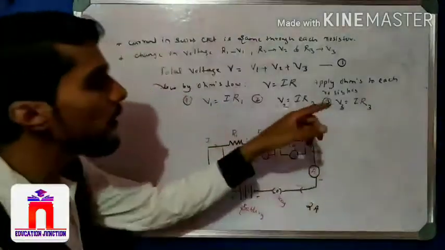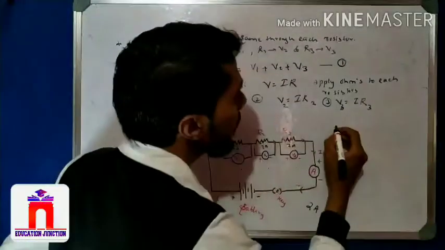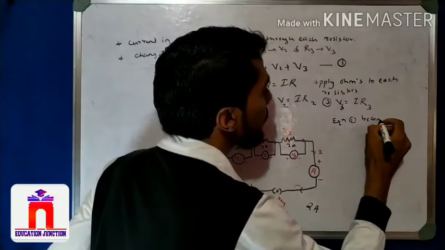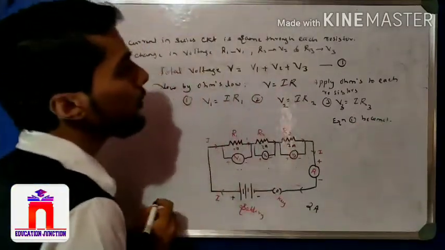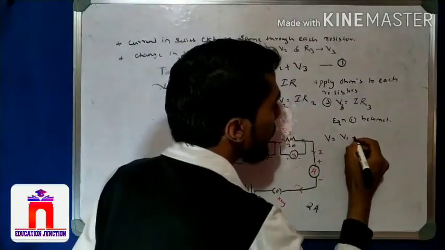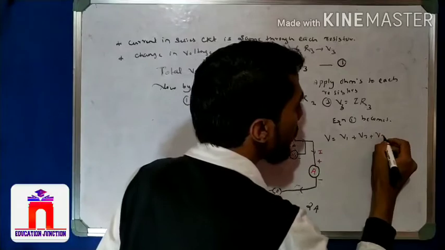Now put these values in equation 1. V is equal to V1 plus V2 plus V3.